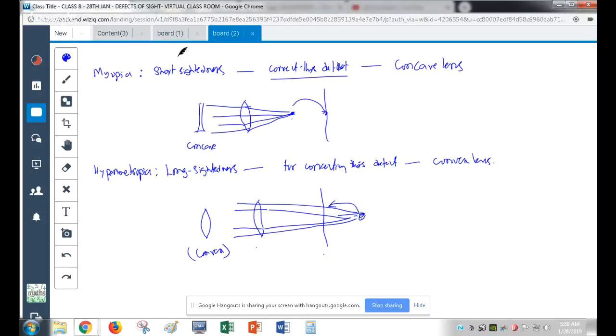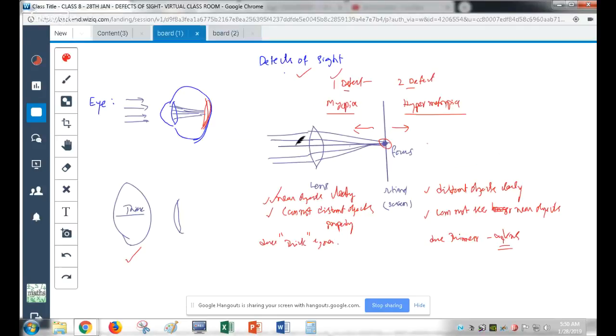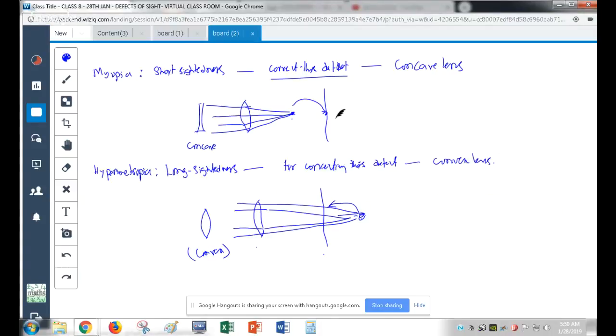Then what is hypermetropia? It is a defect of sight. The people who have this defect can see the distant objects clearly and cannot see the near objects clearly. It is corrected by using a convex lens.